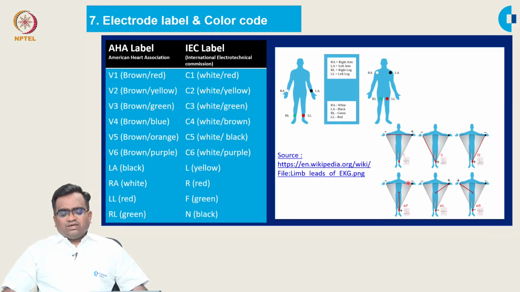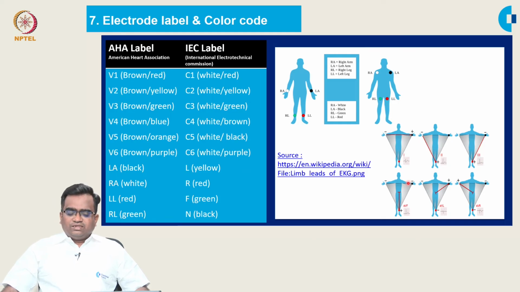But there is another classification, called the International Electrotechnical Commission classification. Based on IEC labels, the chest electrodes are labeled C1 to C6 and limb lead electrodes are labeled L, R, F, N. The color coding is white for the chest leads, or red, yellow, green, brown, black, purple accordingly.